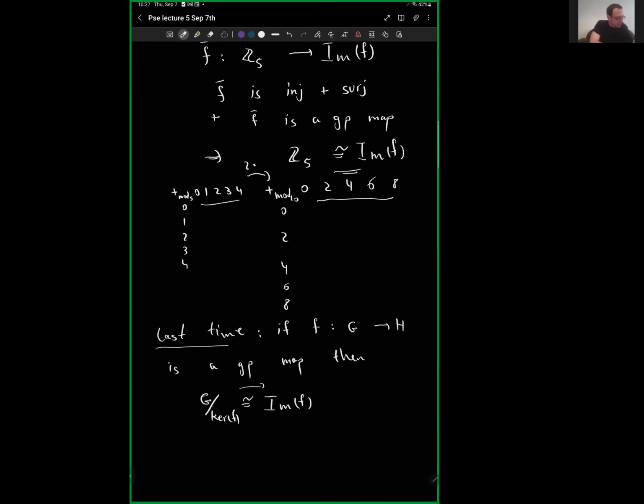This was a theorem, I remind you. And if you think of it, there is a certain duality between injective and surjective maps. Yes, is there a question?